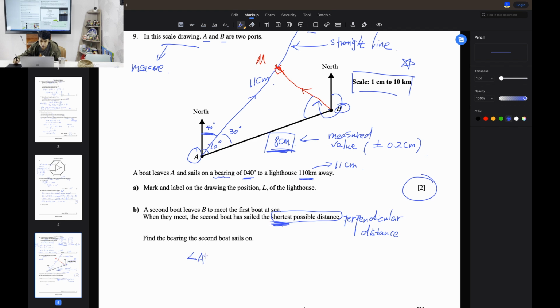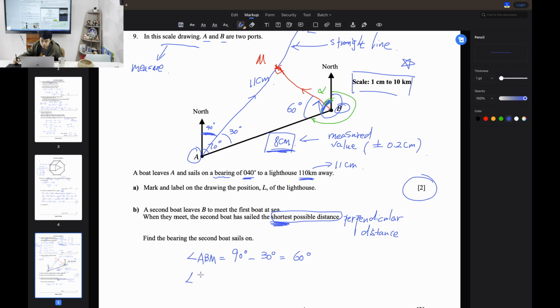30 degrees. And since this is 30, this is 90, and angle ABM equals 90 minus 30. That's 60 degrees, okay? Since this is 60, let me mark it with a red green color, this one. We just need this angle. Before we do this angle, we will have to find out what this angle is. Let's label this angle as angle alpha.